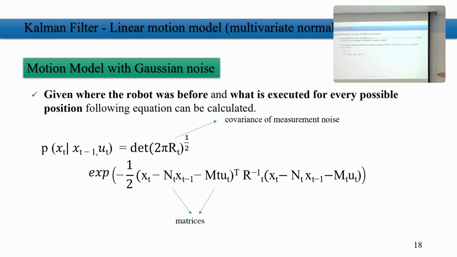We just plug them together, and we had a big term to do that. So we saw that, with the same multivariate Gaussian distribution, we plug the part that we have for the motion model into it.